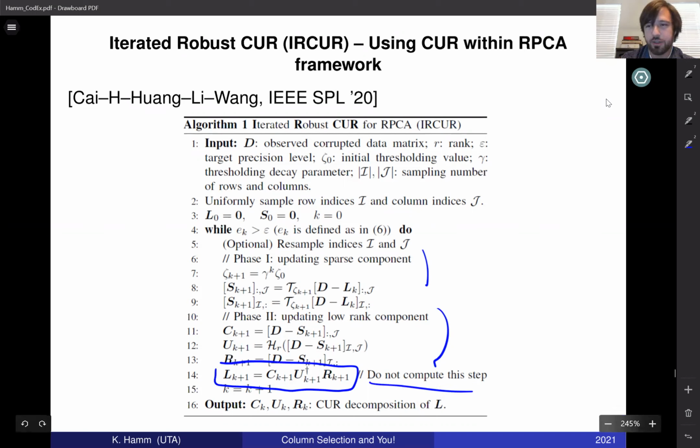The nice thing is you don't actually have to compute the full thing algorithmically. And so within your iterations, you're never doing the SVD, you're only doing CUR. And again, this is within the iterative robust PCA framework, as opposed to externally like the previous version was.